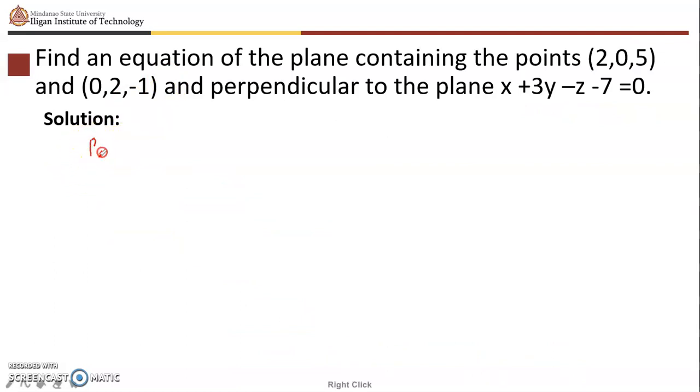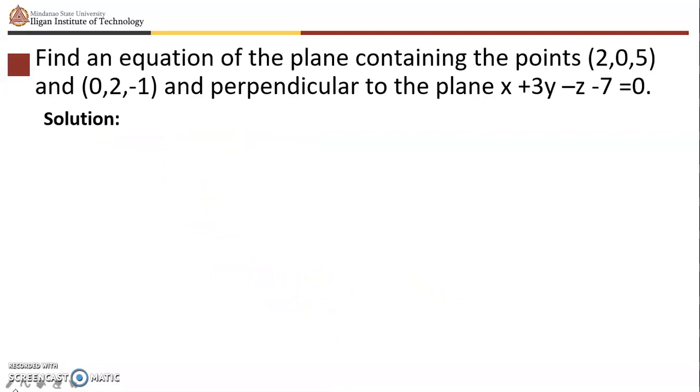Let's continue. We know that p sub 0, p sub 1, cross n1 is equal to 16, minus 8, minus 8.